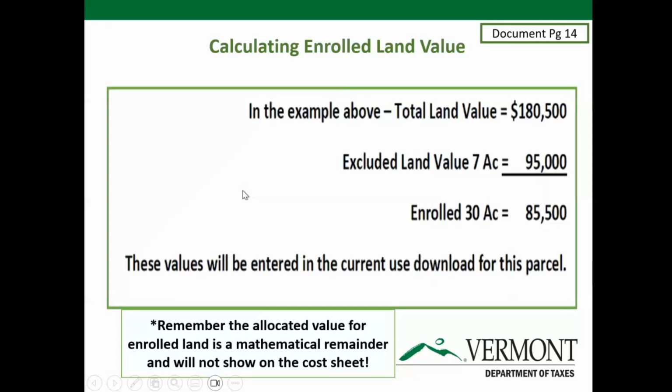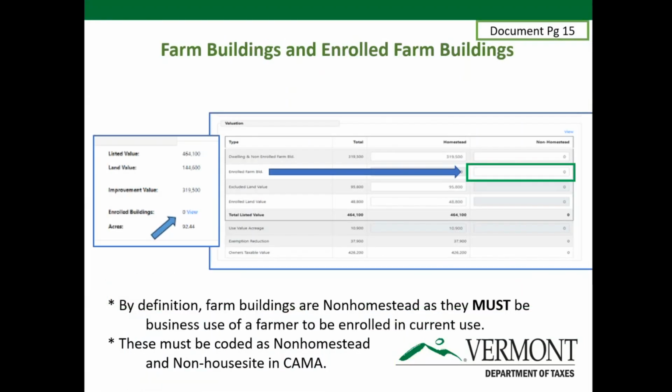Great. And then we talked about enrolled farm buildings, if they do exist, how you will identify that in the VTPIE program, in addition to the application, the paper application you should have in front of you, and where to put that value. Again, we'll talk about that in our examples. Anything special here, Christy?